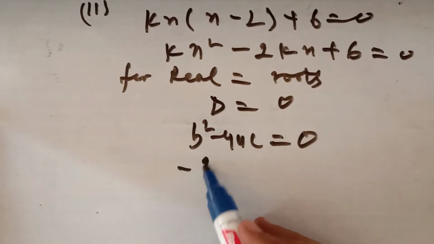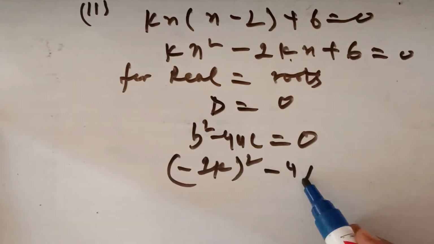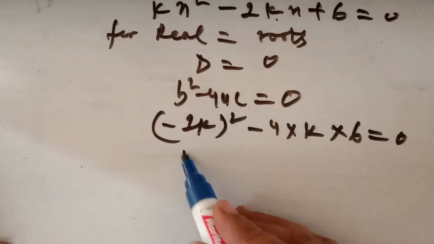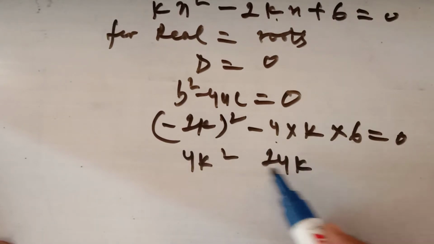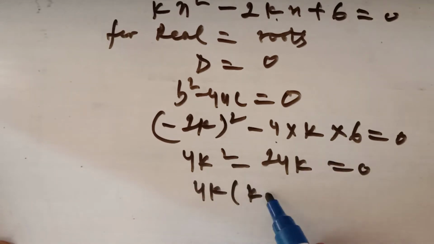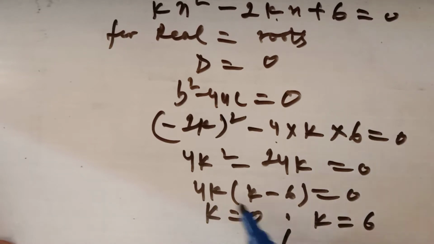Now b is minus 2k, the coefficient of x, minus 4 into k into 6 is equal to 0. So 4k square minus 24k equal to 0. You can take 4k common, so k minus 6 equal to 0. So the value of k is 0 and the value of k is equal to 6.